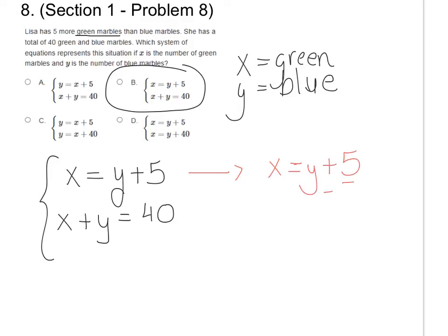So I would subtract 5 from both sides, and I get x minus 5 is equal to y. So they also could have written the equation like this. So this equation would work, x equals y plus 5, or this equation would work, x minus 5 is equal to y. So just keep in mind that manipulating the equation is possible, and that would still be correct.